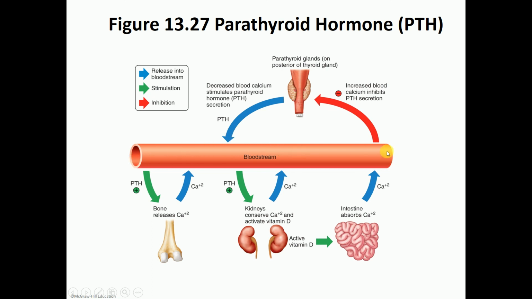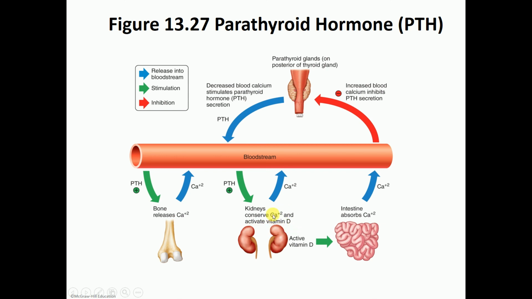PTH will go down the bloodstream to its target cells, and you can see the target cells would be the bone. So PTH would go to the bone to stimulate the osteoclasts, and that would increase bone resorption, releasing calcium into the bloodstream. PTH goes to the kidneys and conserves calcium, so prevents calcium from being excreted in urine.